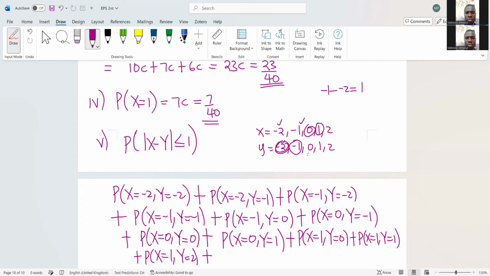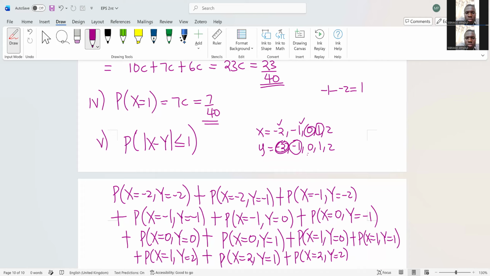So probability x equals 2 and y equals 1, then plus probability of X equals 2, Y is a 2. Those are the possibilities which are available.